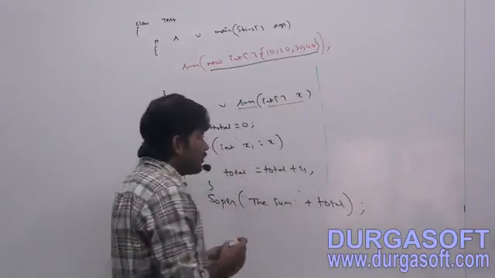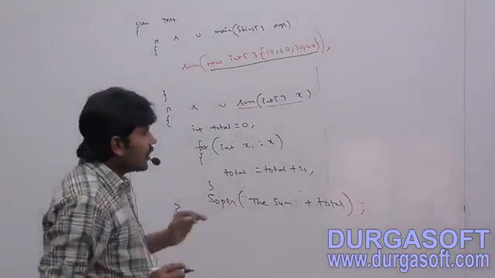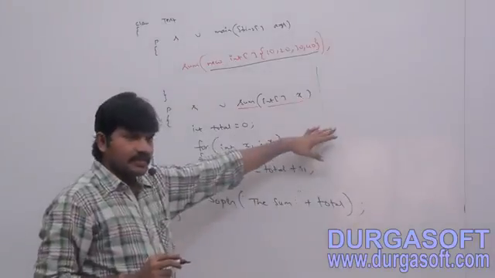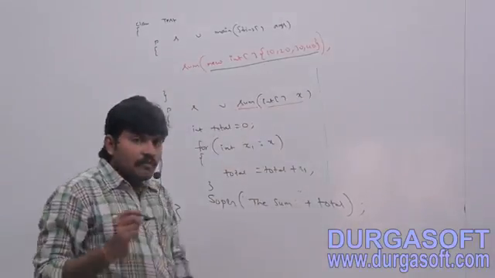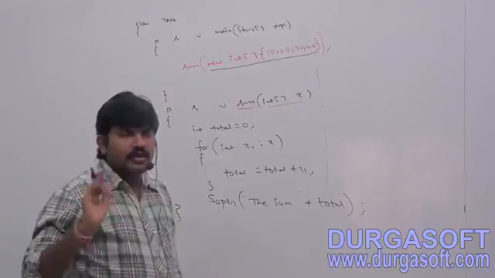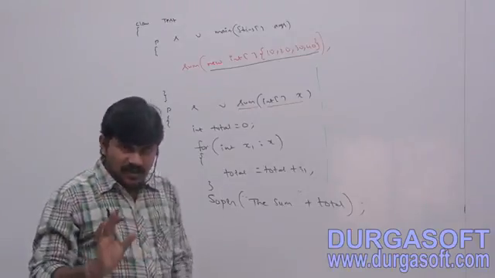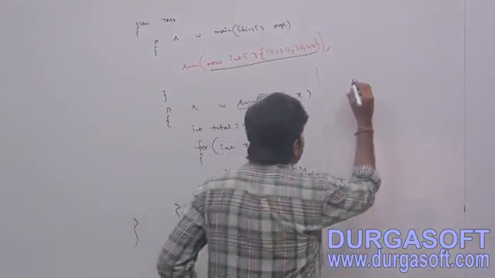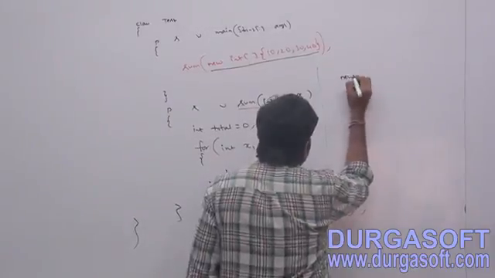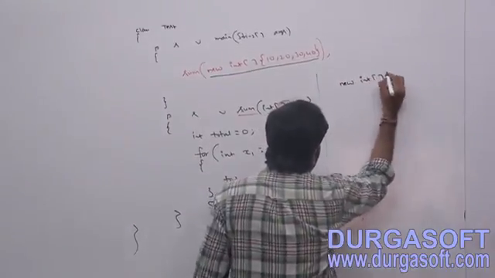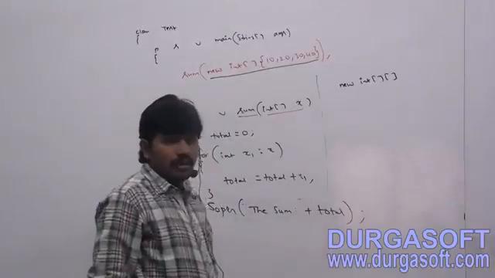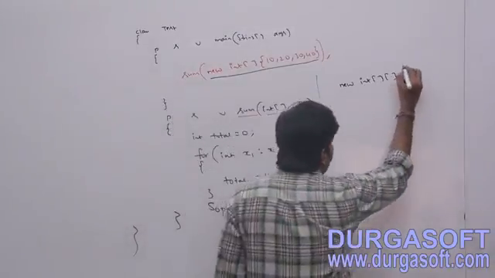Now the next one. We can apply this technique, I mean anonymous array, for multi-dimensional arrays also. We can create multi-dimensional anonymous arrays also. Observe. New 2-dimensional array I am taking, with what values?